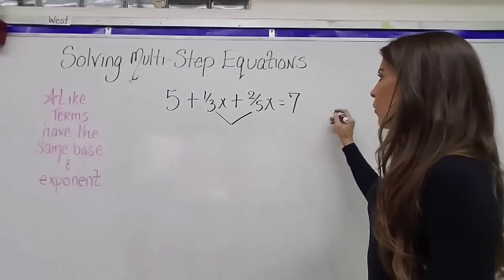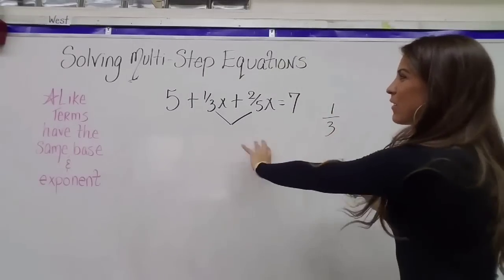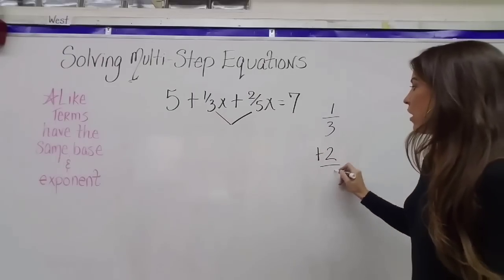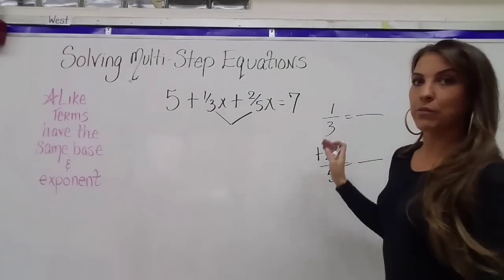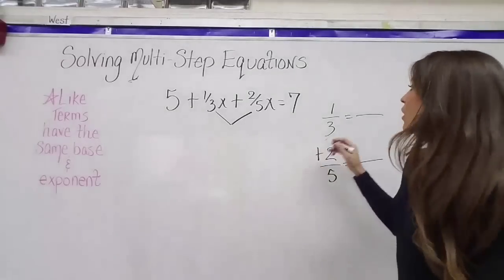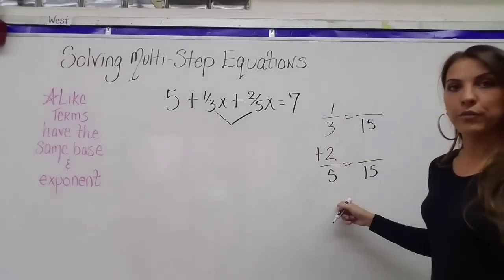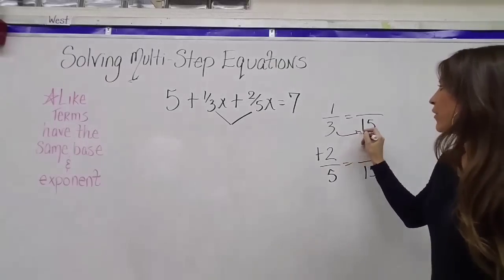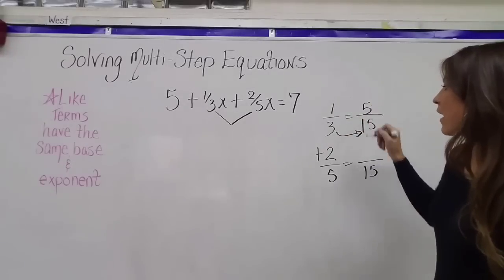On the side, I always like to do my arithmetic on the side. That way you don't clutter up your equation work. You'll add your fractions. I'm going to go through it quickly, but again, if you need fraction help, you should watch another video. But quickly, we need the same denominator. So we know that 15 is the least common denominator for 3 and 5. To get from 3 to 15, I multiply by 5, so I'm going to do the same thing on top. 1 times 5 is 5.